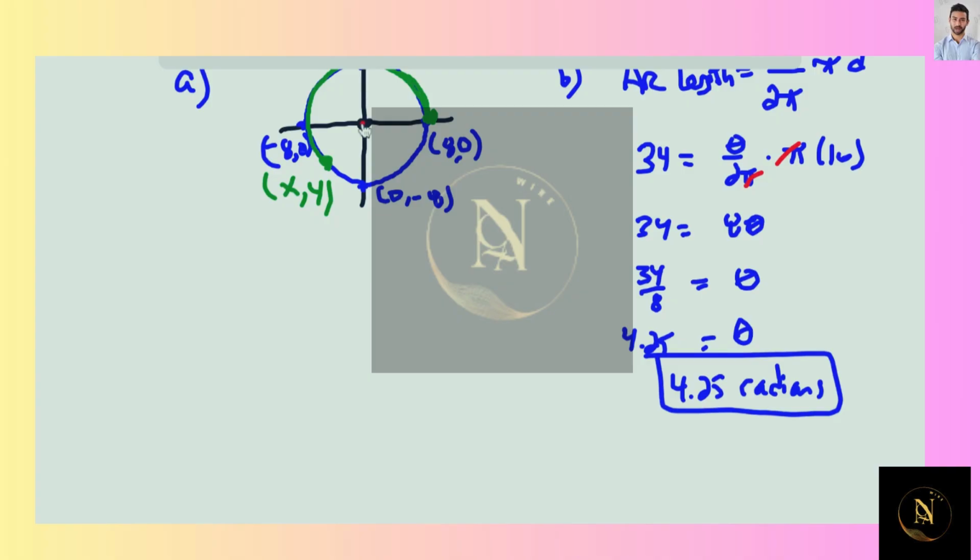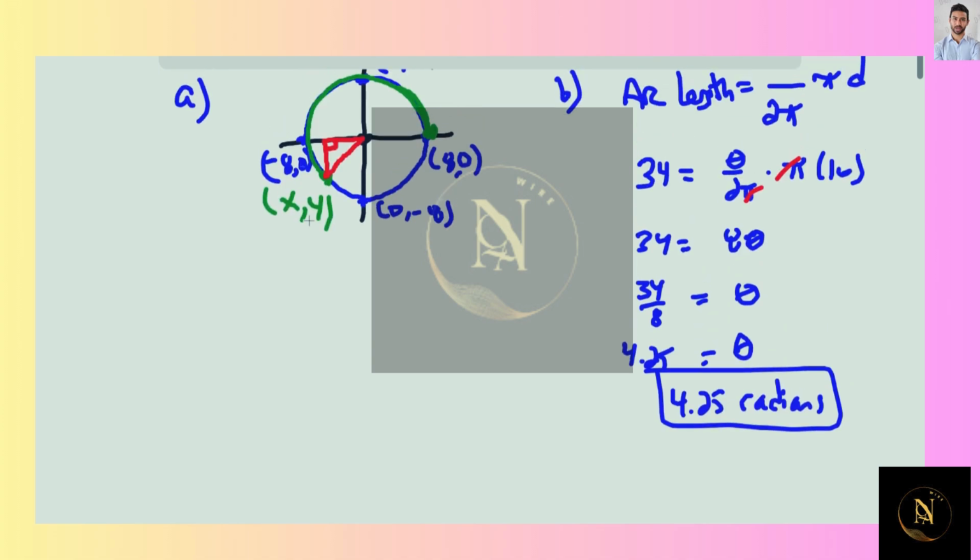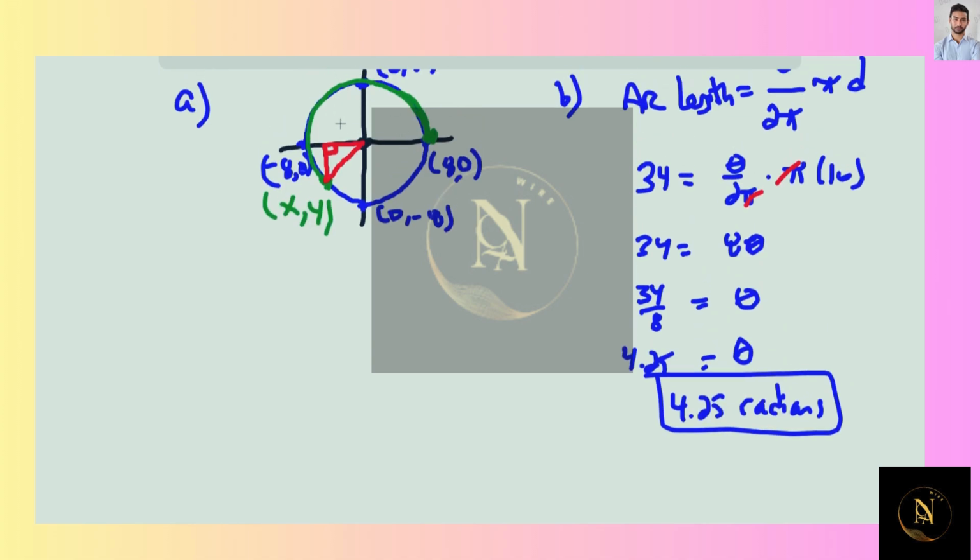Well, we can find this by thinking of a right triangle. If we subtracted pi from this angle, we would have 4.25 minus pi for the angle measure.